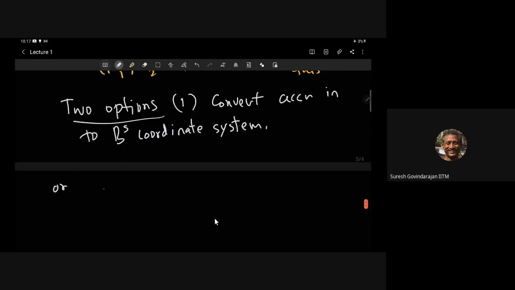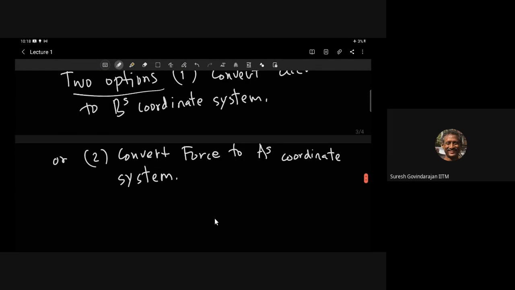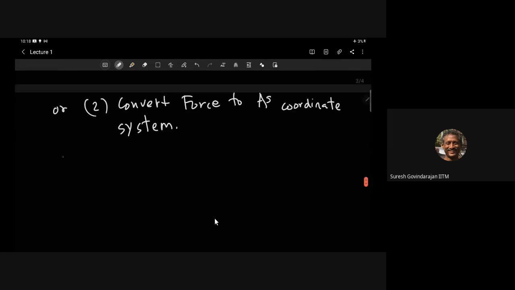Or the second one is convert force to A's coordinate system. Right? So now we need to ask how, so it just reduces to asking as to how both systems are related to each other. Okay? So we need to work out. So let us do that.